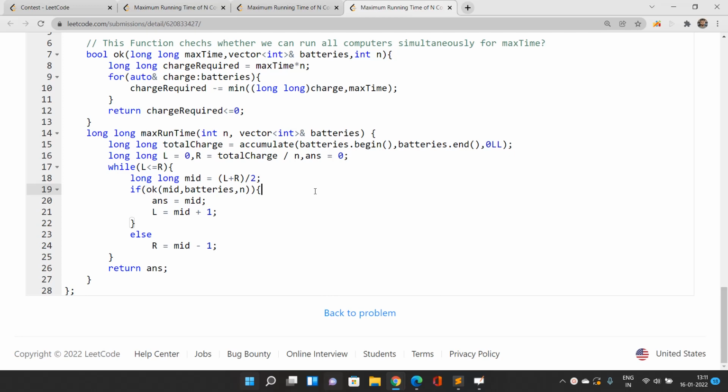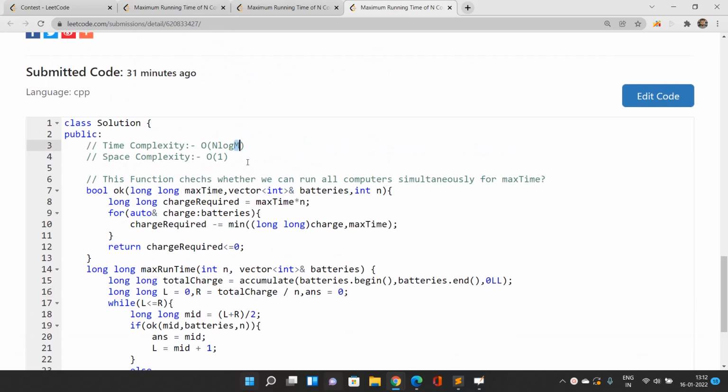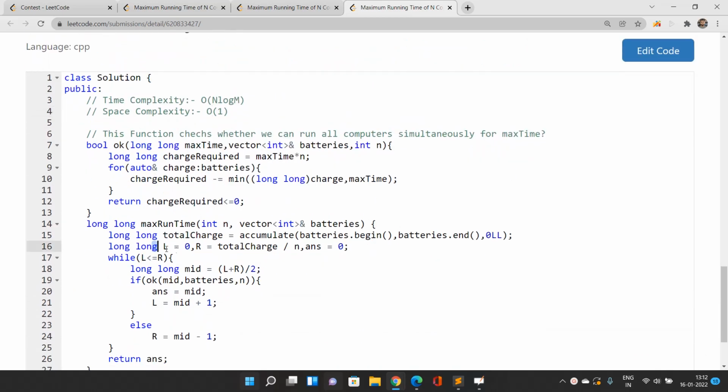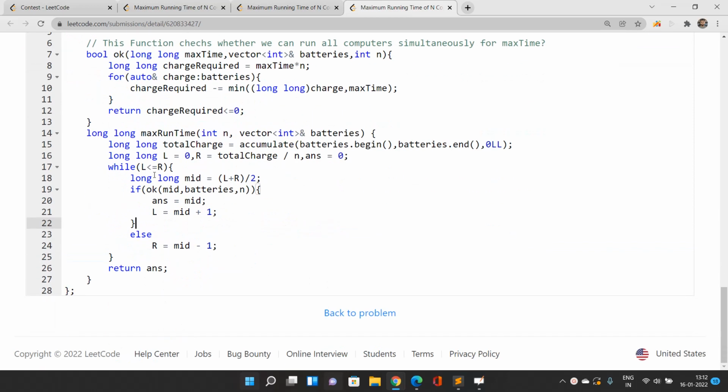I need to run all the computers simultaneously, so I will distribute all those charges, the total minutes, evenly among all those n computers. That's why I have divided by n. So m corresponds to this value r minus l. Now let's do the binary search.